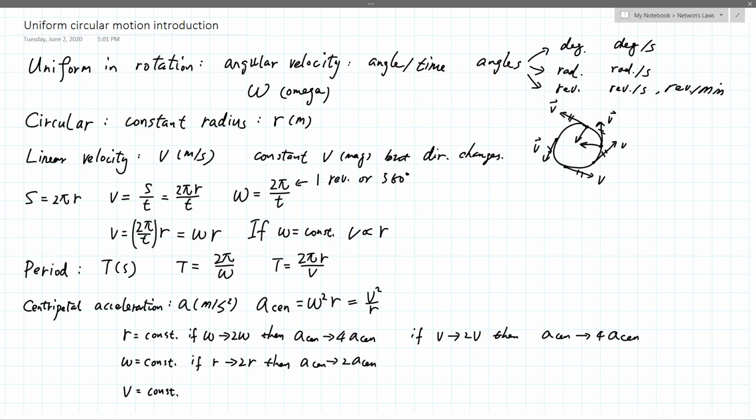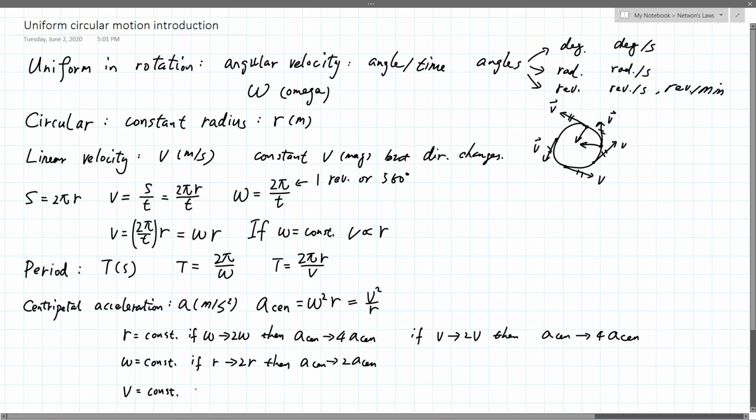We could change the tracks to get closer to the center of the radius or further away from the center, but we just maintain the same amount of speed on the speedometer. That's doable, right? That means if r were to go to 2r, we're changing lanes to the outer lanes. So if this doubles, this actually becomes half. So centripetal acceleration becomes only half the original, right? You could also say, if that halves, then the other quantity will double.